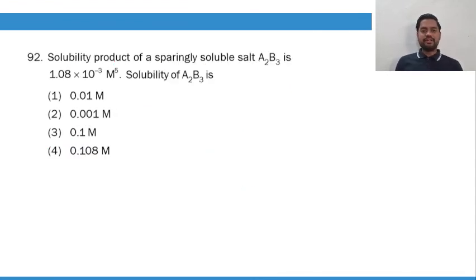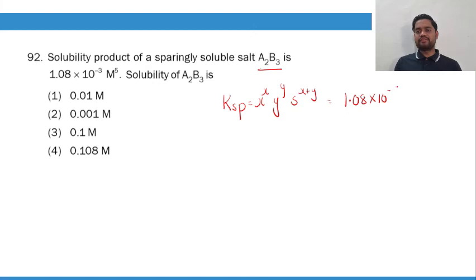92. The solubility product of a sparingly soluble salt: we know that Ksp is x raised to x, y raised to y, s raised to x plus y, and it is given as 1.08 into 10 raised to minus 5. Here it is x, here it is y.